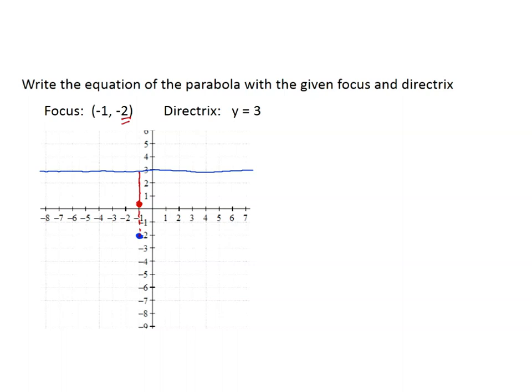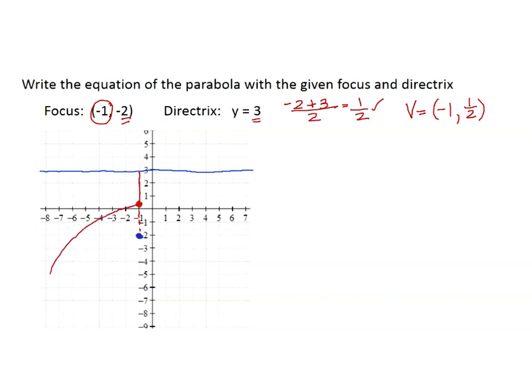The other way you can do that is by averaging these two values. So -2 plus 3 divided by 2, that would give me 1/2. That's my y value. The x value of my vertex point is the same as the focus. So that means my vertex is at (-1, 1/2). And that's exactly where I found it here in my graph.